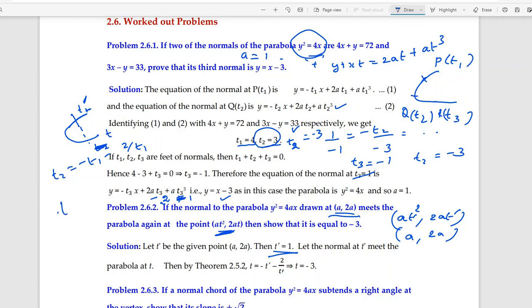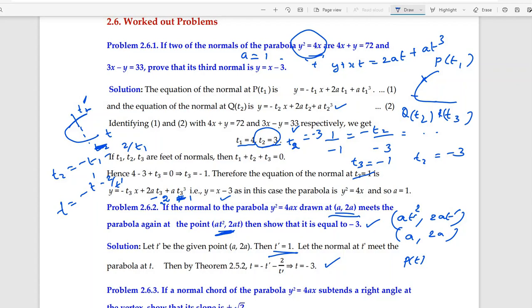So that means t is given by minus t prime minus 2 by t prime. That is what is written here, and already we have computed our t prime to be 1. So you just substitute, you get t to be minus 3, and that is what we are asked to show. It is equal to minus 3 means that parameter. Whenever we consider P of t, by that we mean at square, 2at.